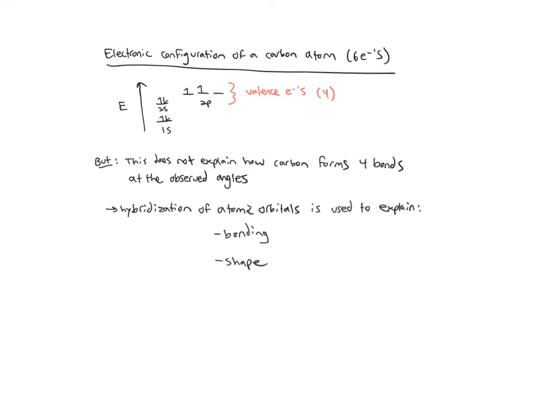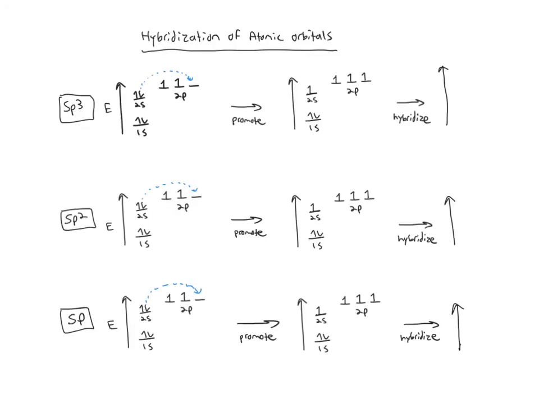So they don't just bond the way they are like this. There's something that happens first, and that's going to help us explain how it bonds to other atoms, and also the shape it exhibits when it bonds to those other atoms. So that's what we're going to be using hybridization for.